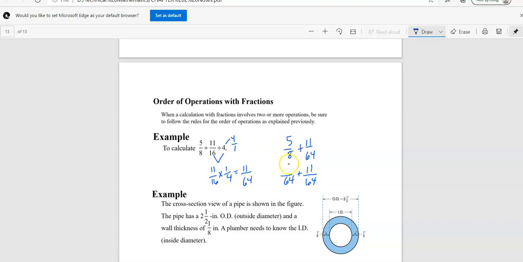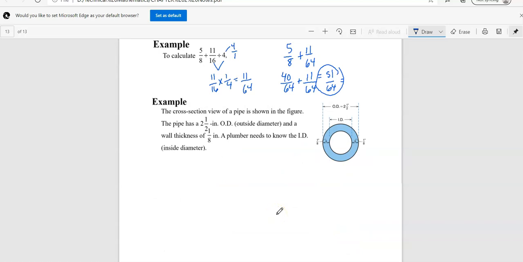That means we'd have to multiply 8 times 5 and get 40. So that's going to be 51 over 64. Okay, and I don't think that that's going to reduce. And it's not an improper fraction, so we can actually stop right here.